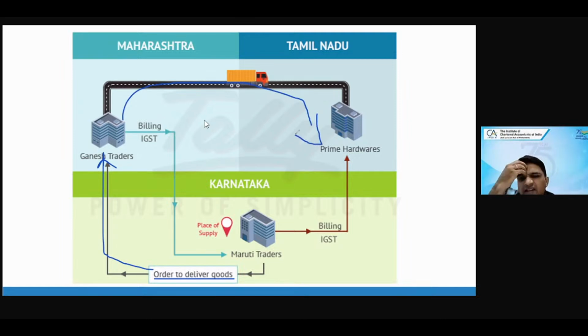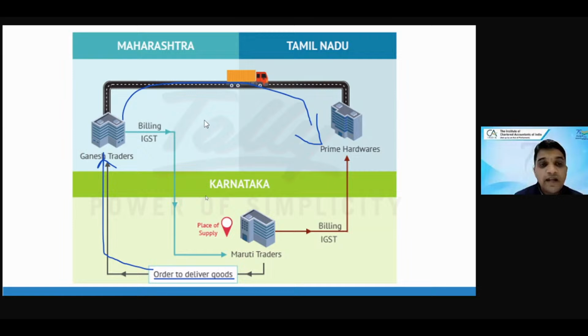Is he supplying it to Prime Hardware on his own or because of the customer's instructions? The customer's instructions, correct? Because Maruti Traders has told that I found another customer. That's why it is delivering it to the Tamil Nadu location, at the instructions of Maruti Traders itself.